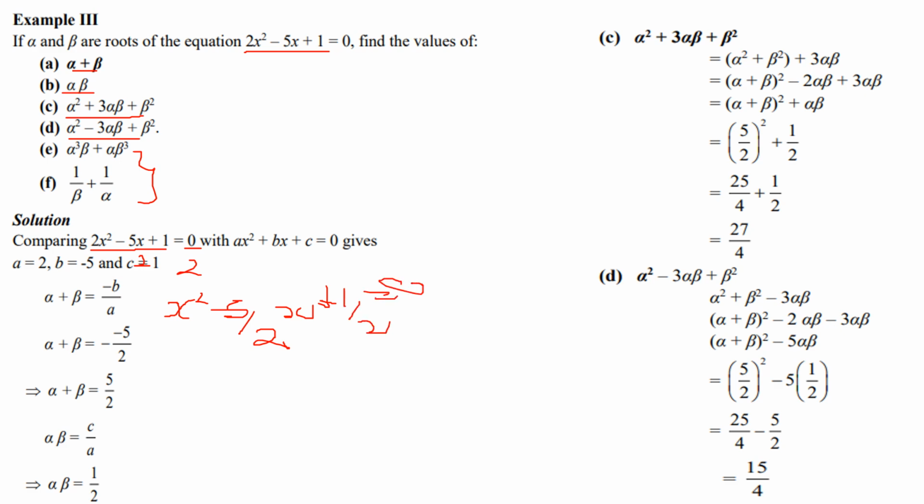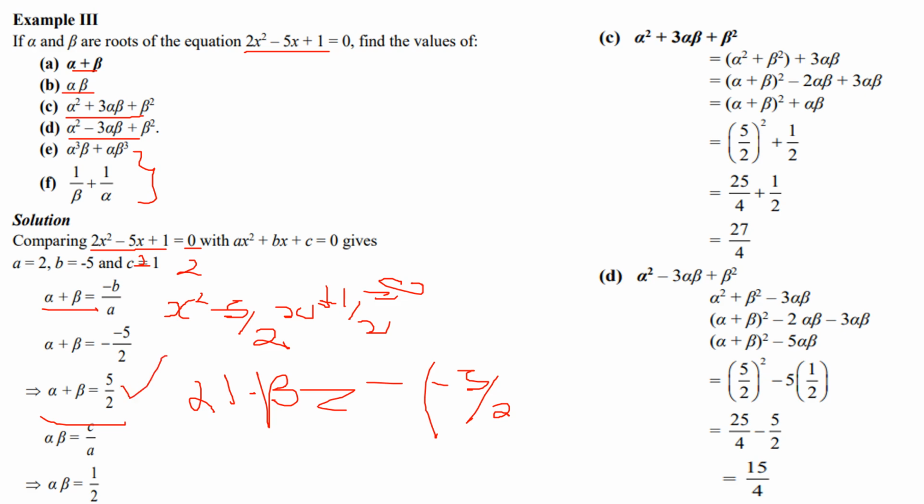So if you start answering questions, alpha plus beta refers to the sum of roots, and the sum of roots is equal to the negative coefficient of x. So the negative comes by default. So alpha plus beta is going to be equal to the negative coefficient of x, and the coefficient of x here is negative 5 over 2. So when the negatives multiply, you're going to get the positive value, which is 5 over 2.